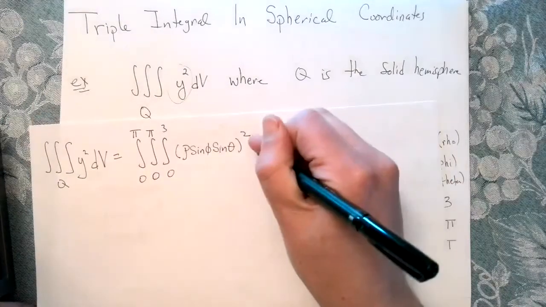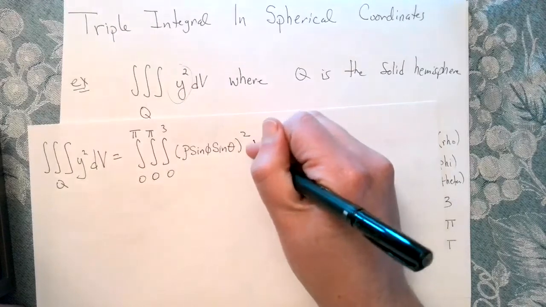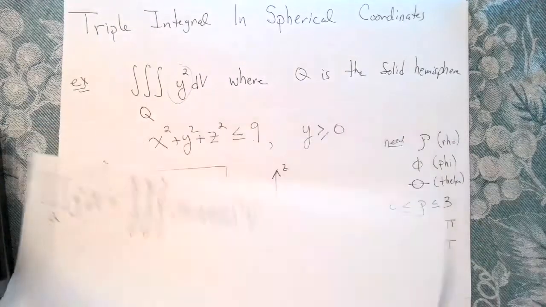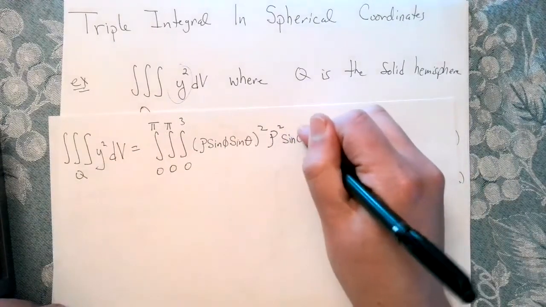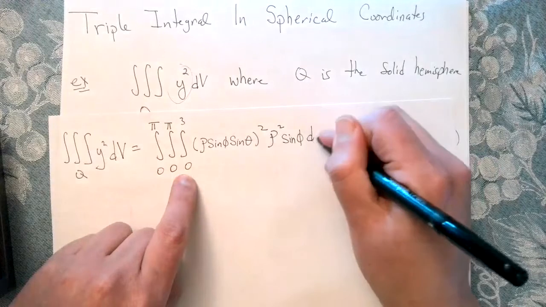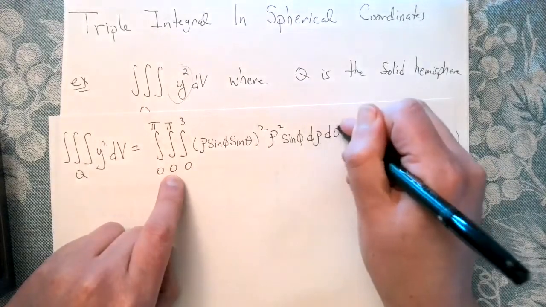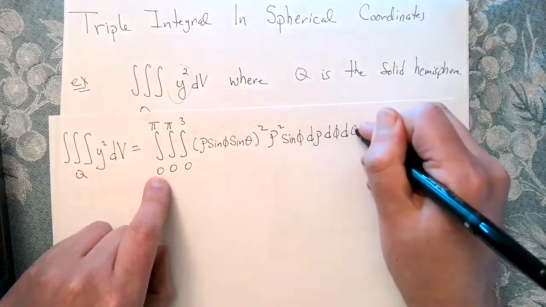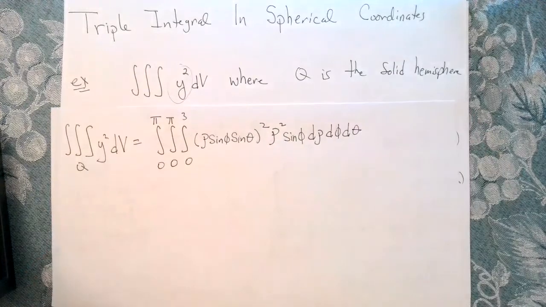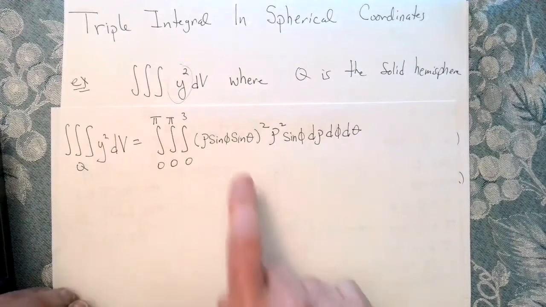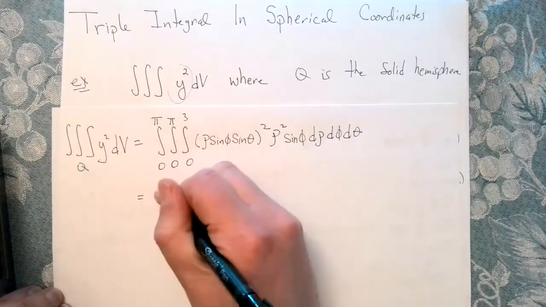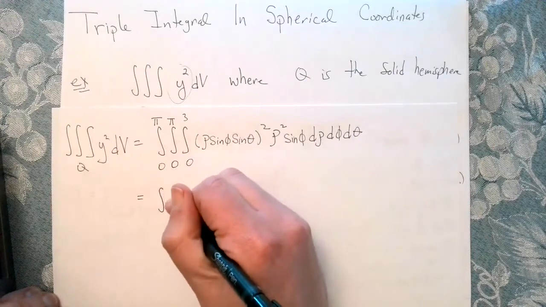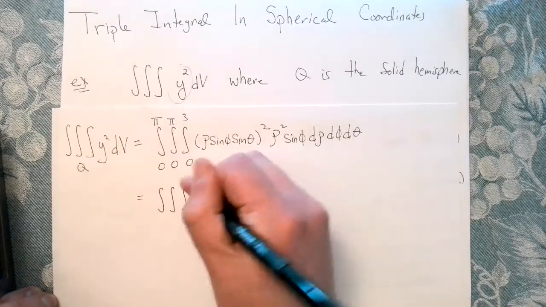So be careful because dV is rho squared sine of phi, and then in order, d rho, d phi, d theta. Okay, so that's the setup for our integral in spherical coordinates. Let's go ahead and square this and then combine with these and see if we can make this a little bit nicer, and then we'll carefully calculate.